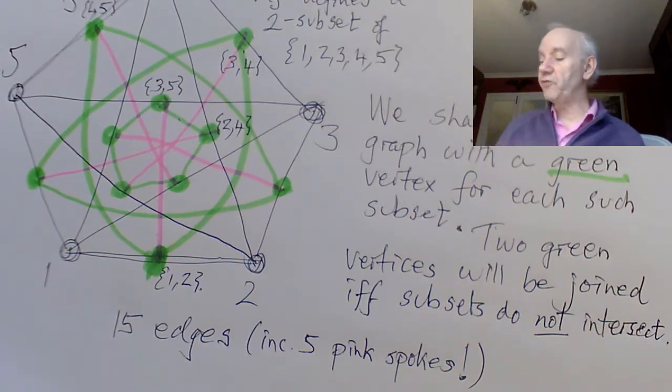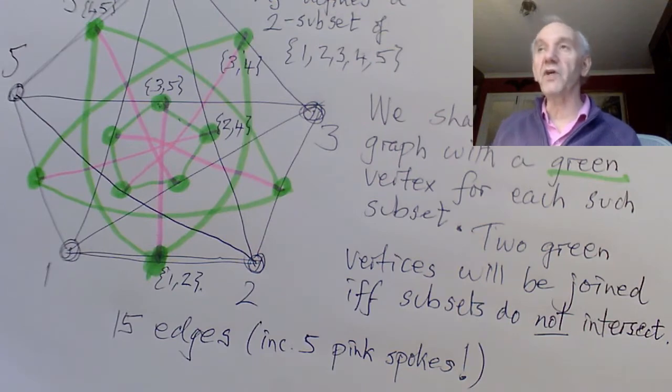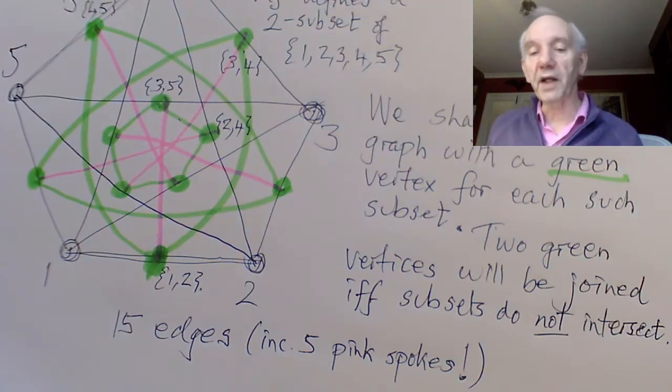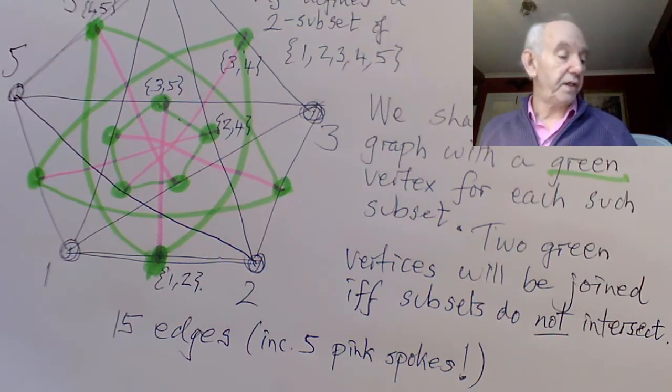So we've been using these rules, and using that we've constructed really from K5, which is a very basic example in graph theory, we've come up quite naturally with this other example of a more complicated graph called the Petersen graph, which has 10 vertices and 15 edges.